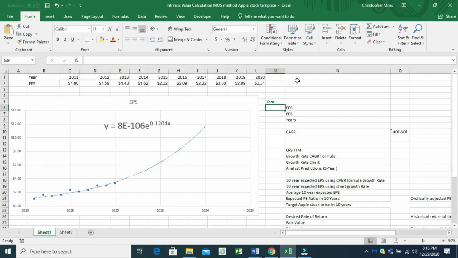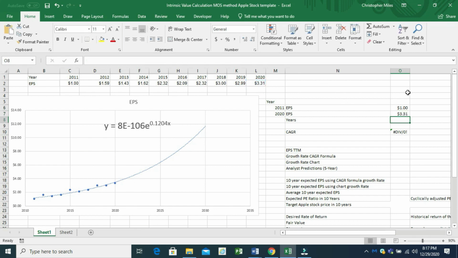Okay, so I'm just going to put the years up here that I'm analyzing. I'm going to be using 2011 and the 2020 data point. So the earnings per share in 2011 was $1. I'm just going to reference that cell. And the earnings per share in 2020 was $3.31.